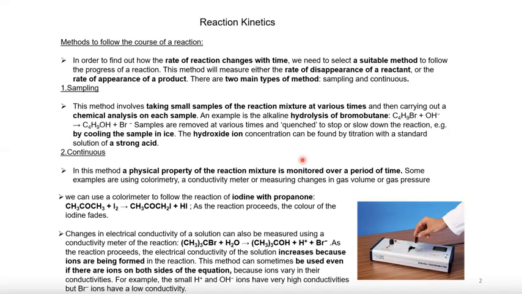What is the sampling method? When we start a reaction, we take a sample at a certain time and then analyze this sample by chemical analysis. We can take an example: the hydrolysis of bromobutane. We are hydrolyzing bromobutane and then we get the product.